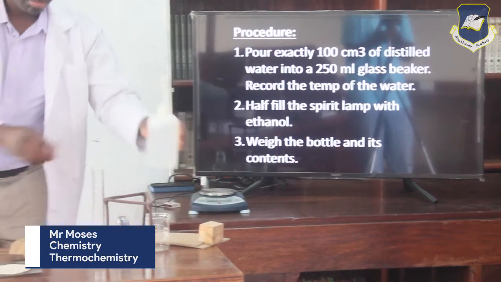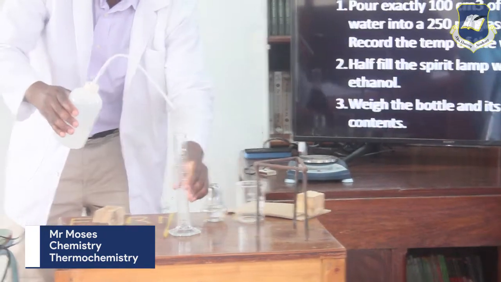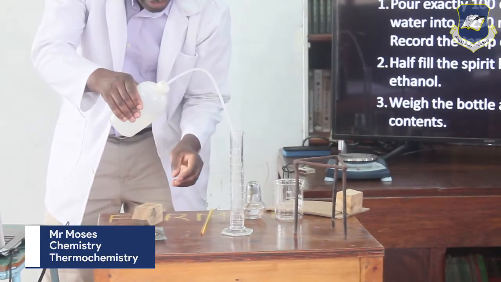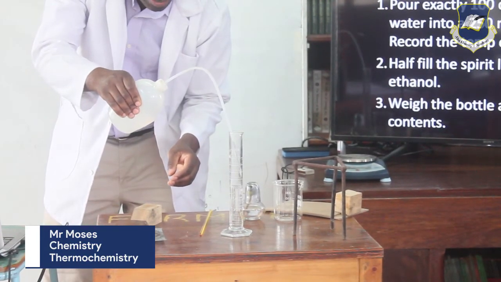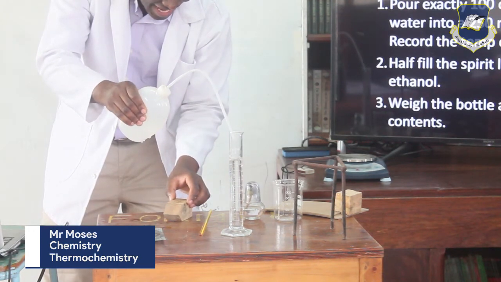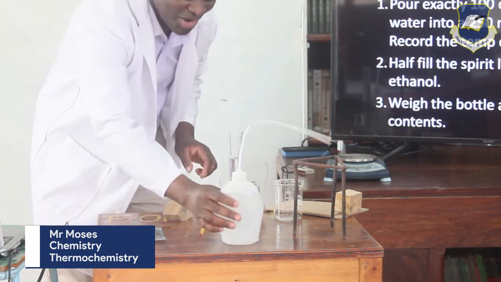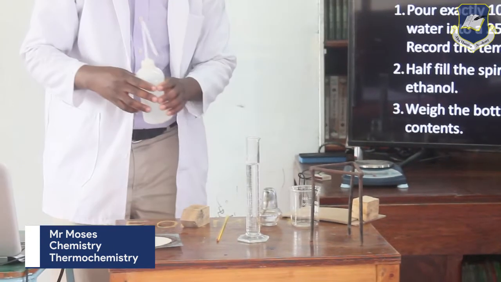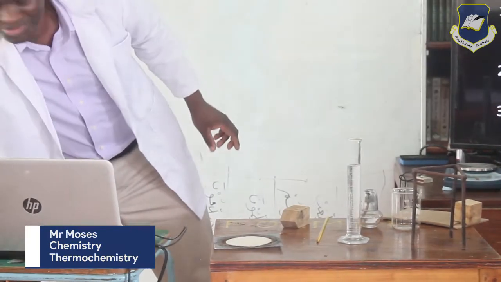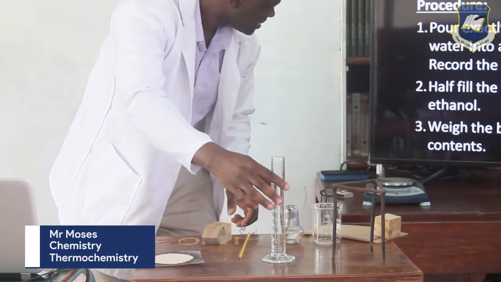So we need to measure volume. We measure 100 cm³ of distilled water. The volume that we have here is 100 ml.